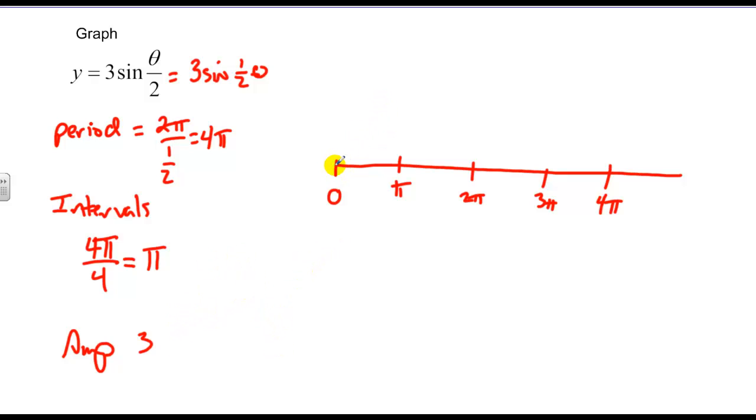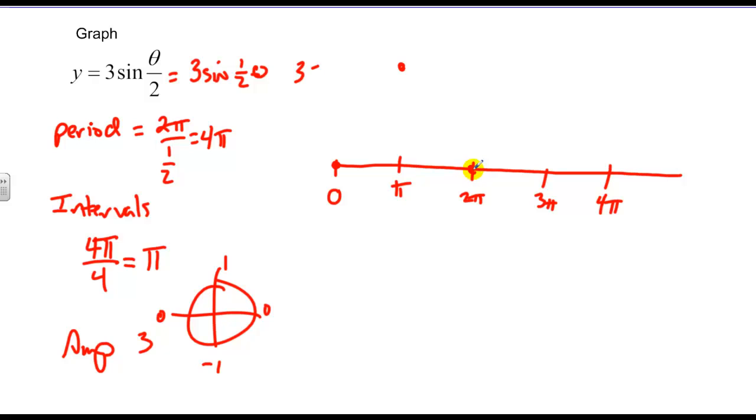Normally sine at 0 is 0. If I multiply that by 3, it's still 0. Sine of my first interval, if we look at our unit circle, would be at 1, 0, -1, 0. That's usually my intervals. So instead of being at 1, I'm now at 3.